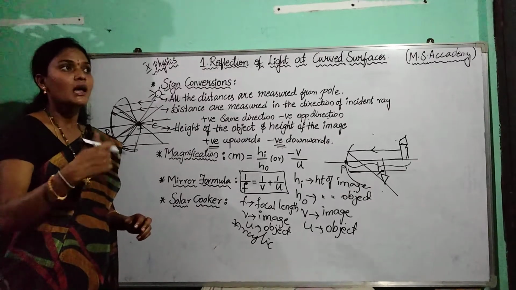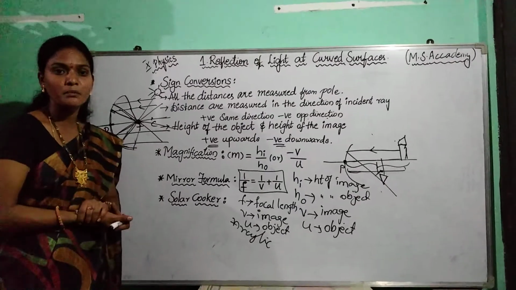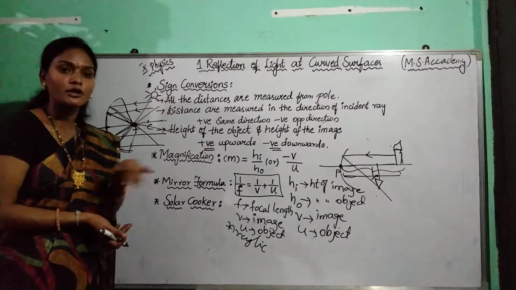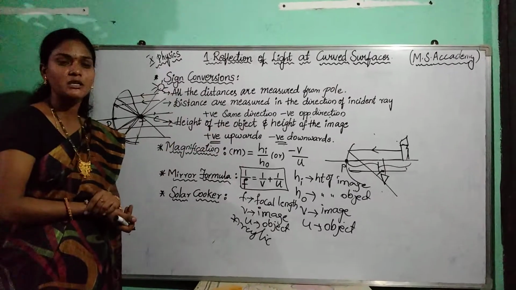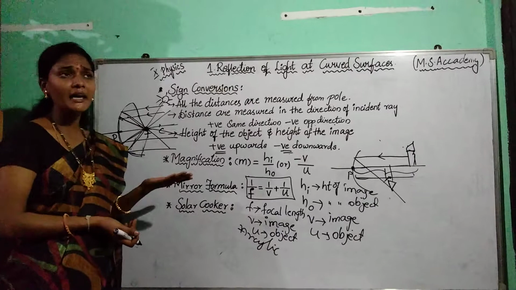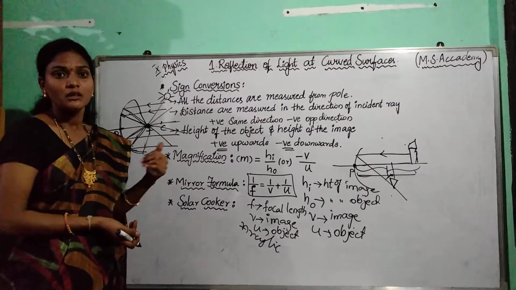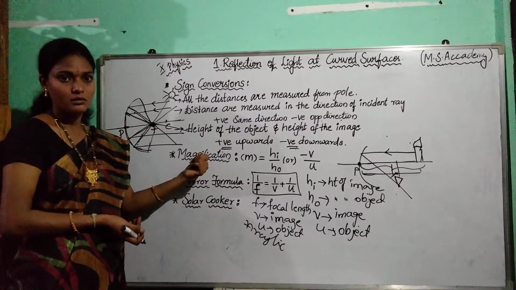He will be asking you the nature of the image. What is the nature of the image if the object is placed at the center of curvature, beyond the center of curvature, between F and C, like that. And again, what we have discussed, he may ask you about sign conventions for 2 marks.